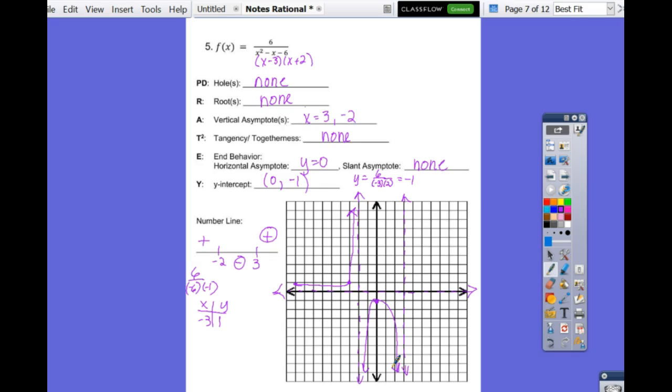So if I put 4 in, what do I get? If I put 4 in, I get 6 over 1 times 6. So I get 4, 1.